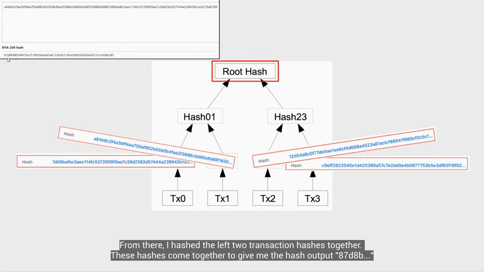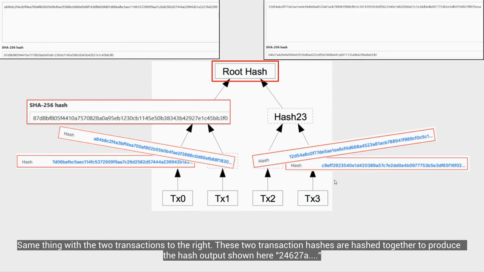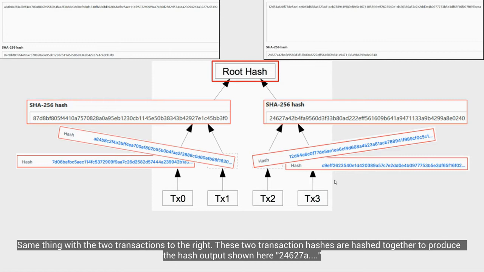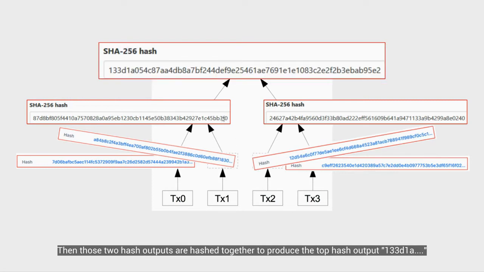These hashes come together to give me 87D, etc. Same thing happens on this side. These 2 transaction hashes are hashed together to give me this summary hash. Then these 2 hashes are hashed together to produce this summary hash, which is called, again, the Merkle root hash. The Merkle root hash is a summary hash of each transaction within that block.